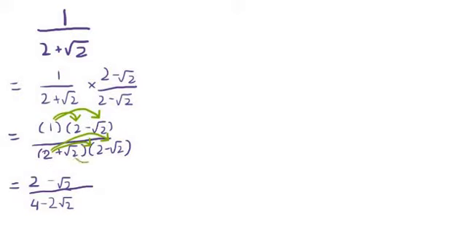Then root 2 times 2 will be plus 2 root 2. Then root 2 times minus root 2 will give you minus 2.